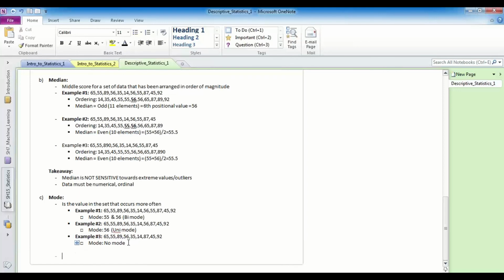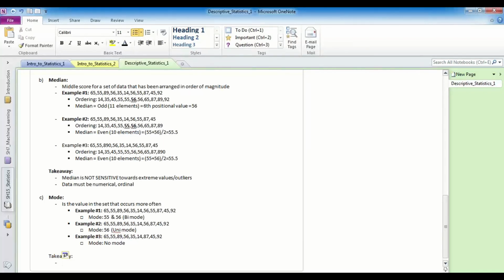So what is your takeaway here? Are you able to make any inferences out of these examples or the concept? It is also not sensitive towards extreme values. Very good. It is not sensitive towards extreme values because getting a repetition of an extreme value is very, very rare. The moment we say anomaly, it is a one-off case.